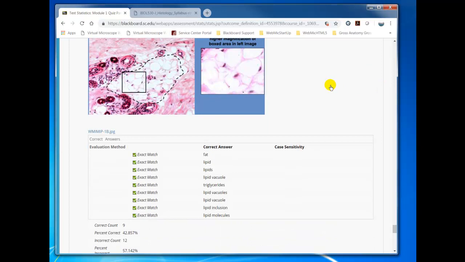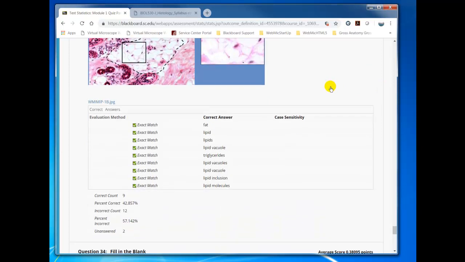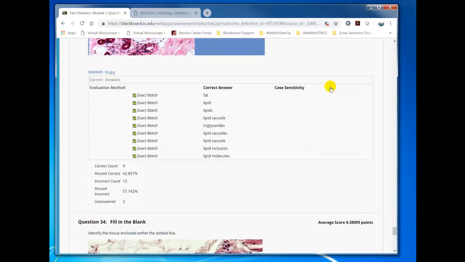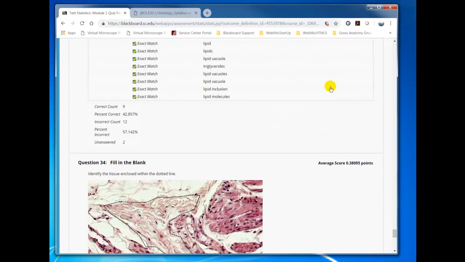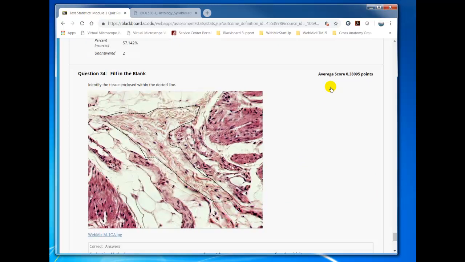So what was taken out? Well, fat, lipids, lipid vacuole, lipid inclusion, anything that related to lipids we accepted.